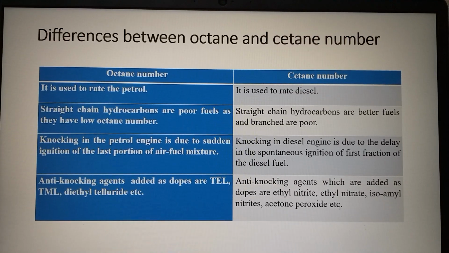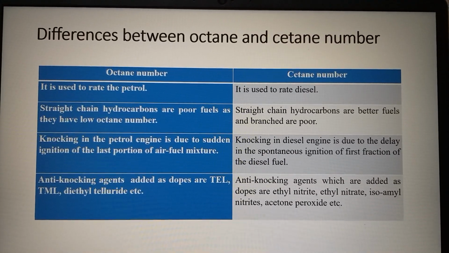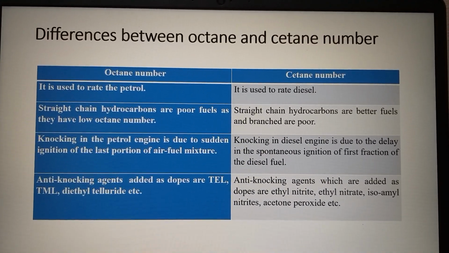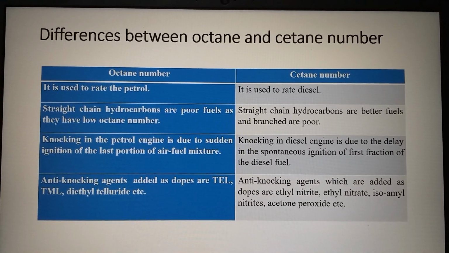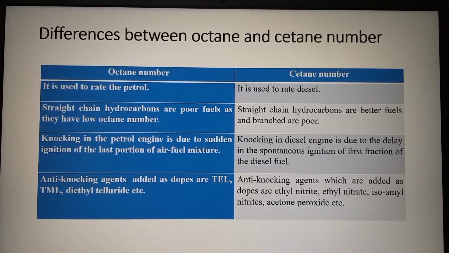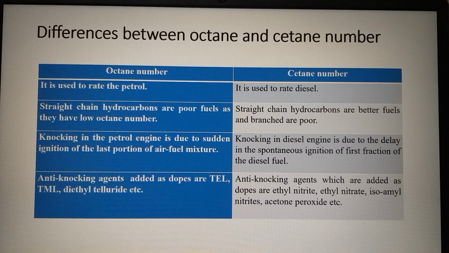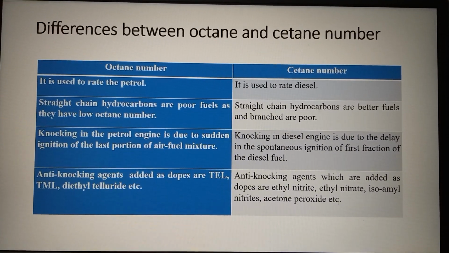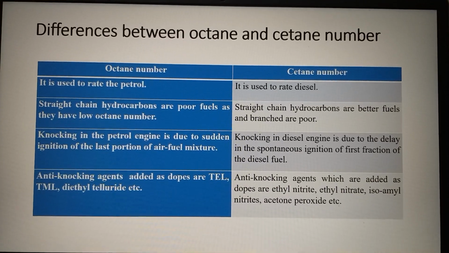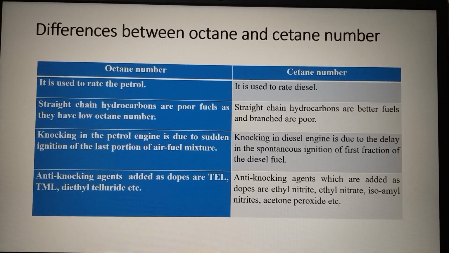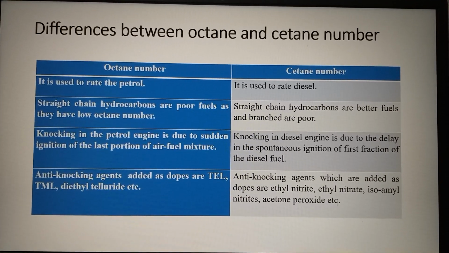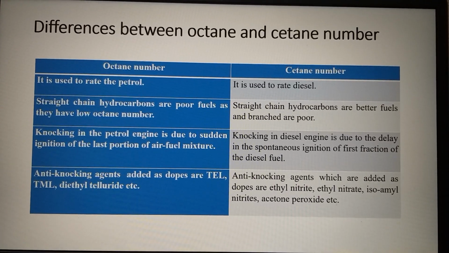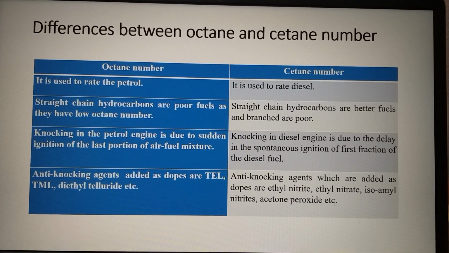We can differentiate octane and cetane number now that we have learned both of them. So, we can make a table and learn the differences. Octane number is to rate the petrol, cetane number is to rate the diesel. In the gasoline, that is petrol, if the straight chain hydrocarbons are there, then it is considered to be of poor quality.